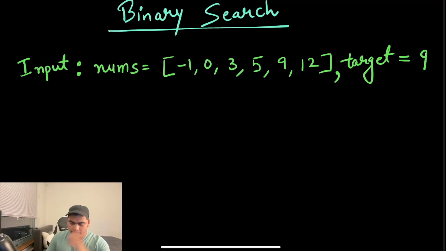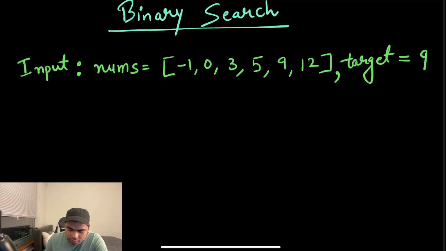In a general scenario, this is the target we are trying to find in our array, which is 9 here, and this is our nums. We know it's present over here, but how we're gonna look for it is the real question.